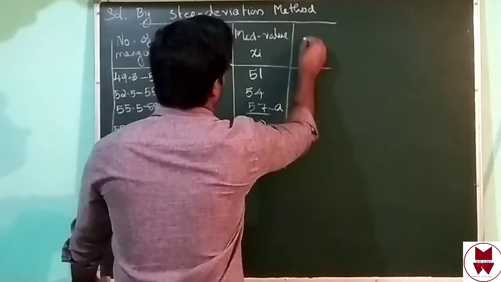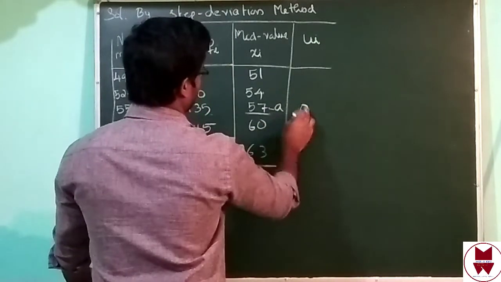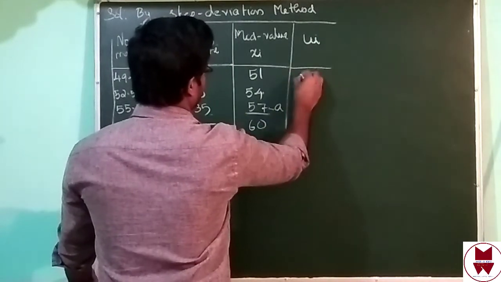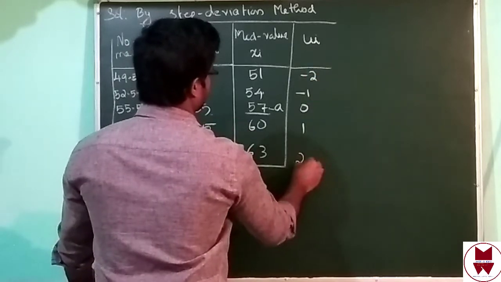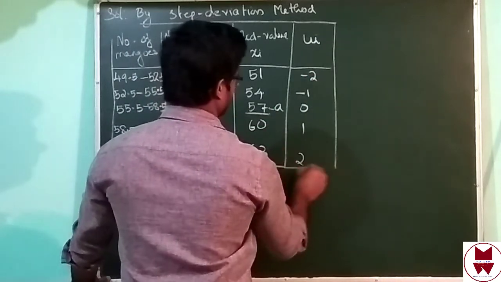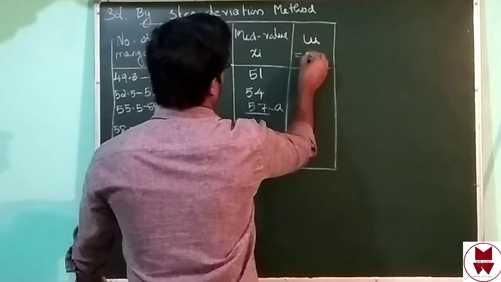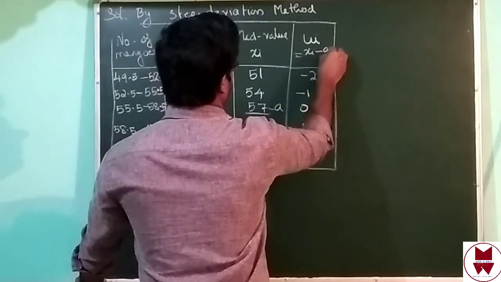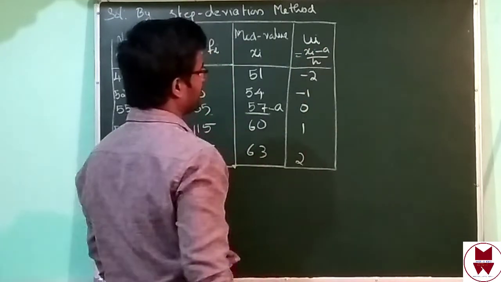Then that will be ui. We can write ui equal to, that will be 0, then minus 1, this will be minus 2, 1, 2. ui is xi minus a divided by h, that formula also.